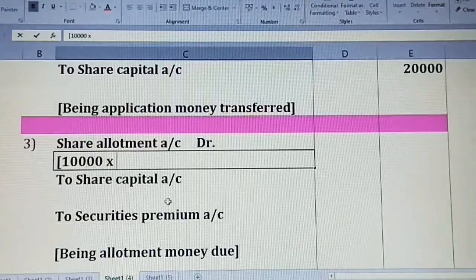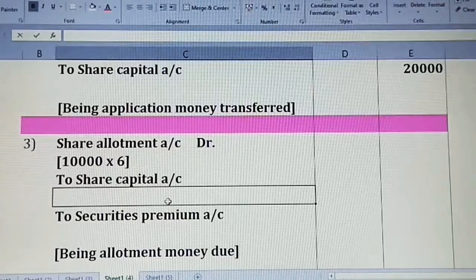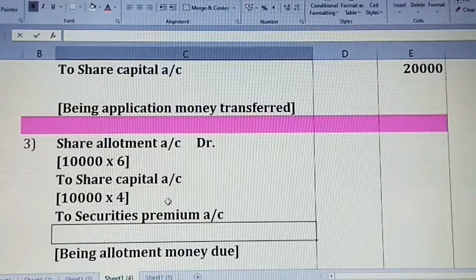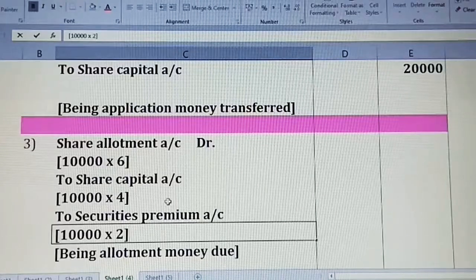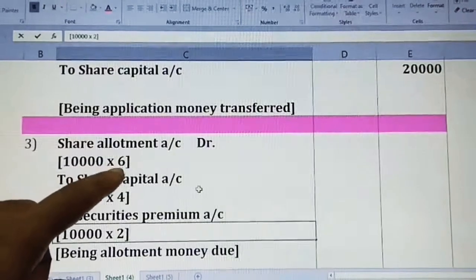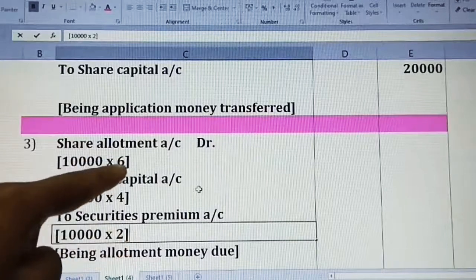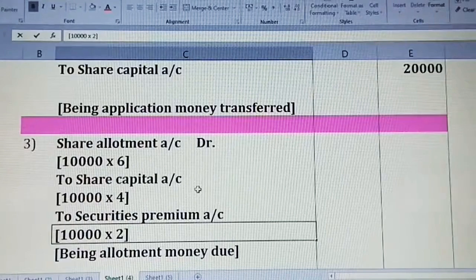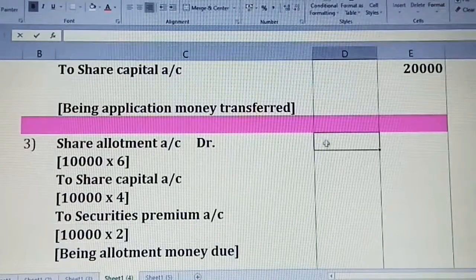10,000 shares, the whole amount for allotment was given as 6. So when we transfer it to the share capital, what will be the value to be transferred? 10,000 into the actual value of the allotment, that is 4, because the premium rate is 2 rupees. If you don't know, just take the full value, then the premium, and if you subtract it from this, this will be the actual value to be transferred to the share capital account. So now let us go for the calculation.